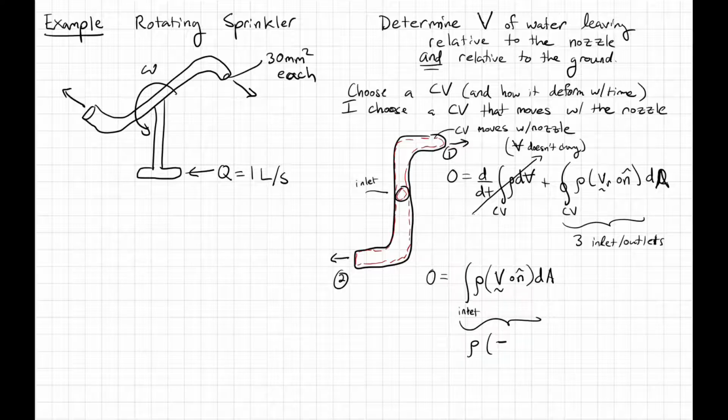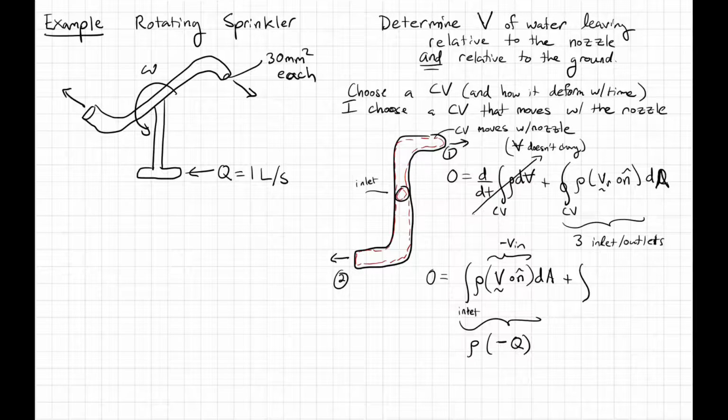In this case, the relative velocity is just the velocity of the fluid, because at the inlet our control volume wouldn't be moving even if it were attached to the sprinkler, because that's on an axis. So that integral is easy to perform. The v dot n in that case is just minus the inlet velocity. Since density is constant for a liquid, that integral amounts to the flow rate coming in through the inlet. So rho times minus q, where q is the volumetric flow rate, would be the value of that integral.